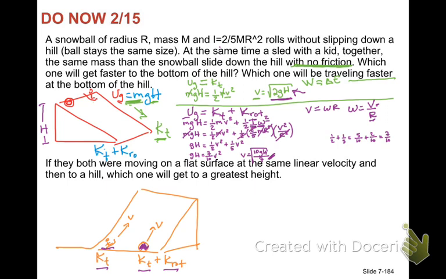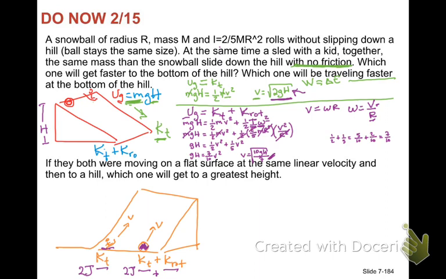So just think about it. Which object will get to a higher position? Let's just make up numbers. I know I don't have any numbers, I'm just making them up. Let's say the sled has 2 joules of translational kinetic energy, and the snowball has the same translational kinetic energy, because it's moving at the same linear velocity. So it also has 2 joules of energy.